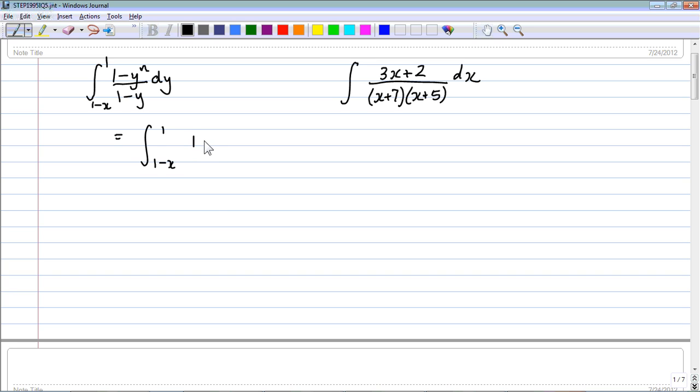So we've got 1 plus y plus y squared up to y to the n minus 1, dy, which obviously is just f(1), of course, which means x equals 1, which means the integral from 1 to 0.